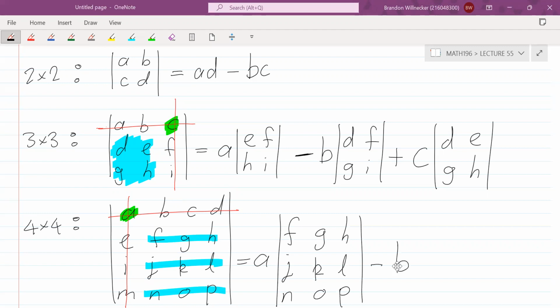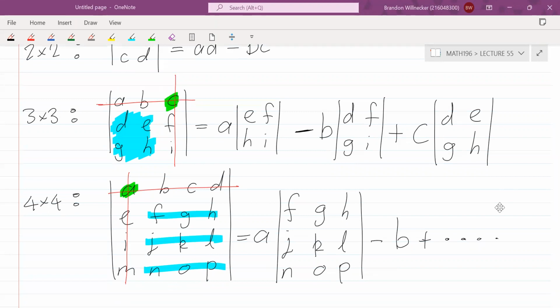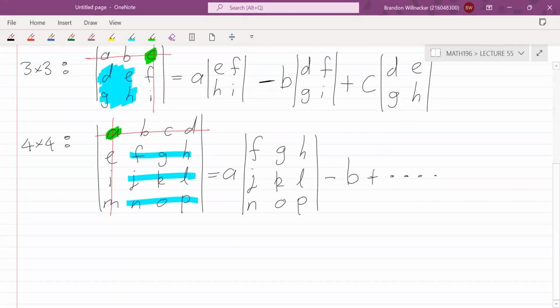So minus B times that little determinant that's left over. Then it's going to be plus C times the determinant of the leftover. Okay, and then minus D times the determinant of the leftover. So plus dot, dot, dot for the resulting terms along that row. So you have the A term, the B term, the C term, and then the D term. Okay, and then this can be extended to any n by n matrix.